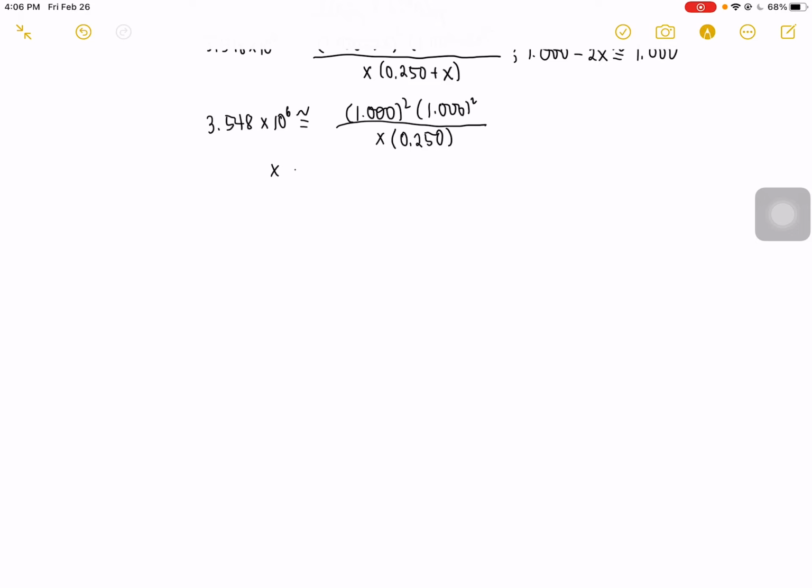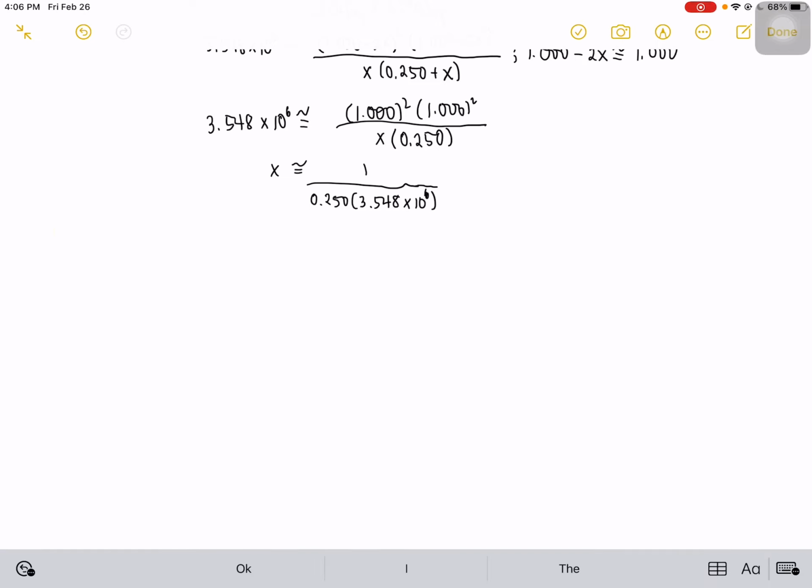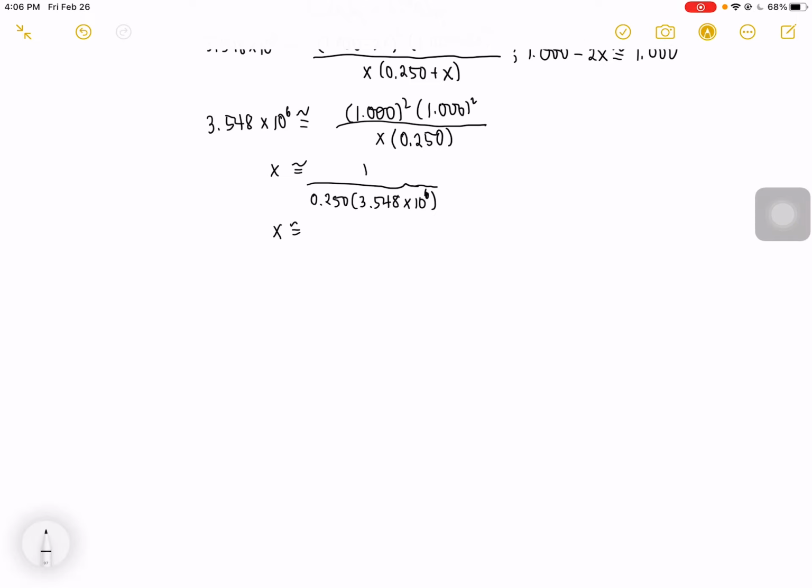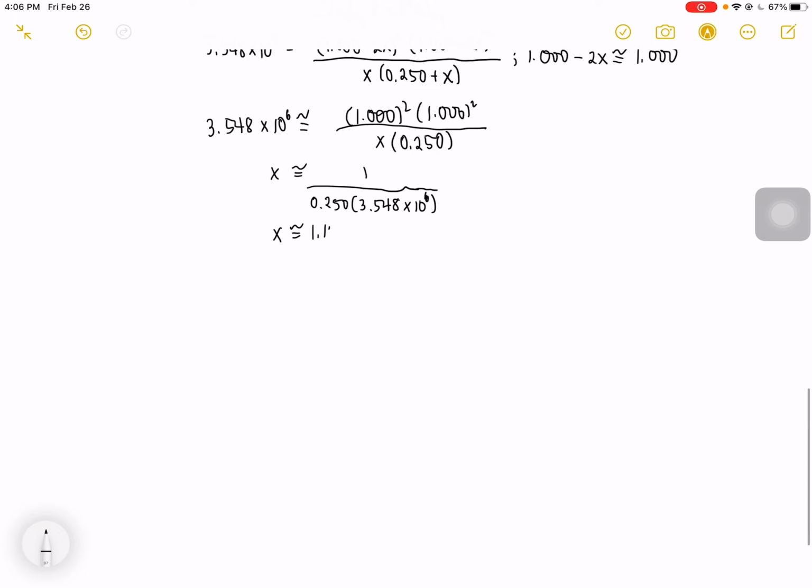So x should then be approximately equal to 1 divided by 0.25 times 3.548 times 10 to the power of 6. So plugging that into the calculator now gives us an approximate value of our x, which is then found to be 1.127 times 10 to the power of negative 6.